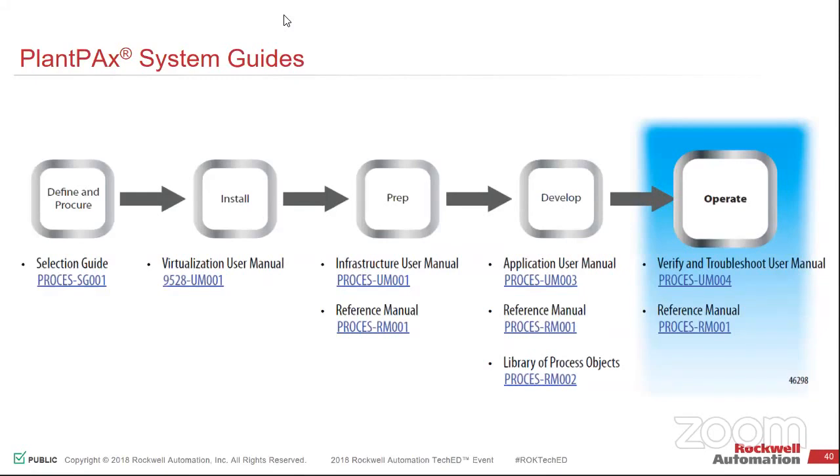And lastly, this walks through the selection guides. These will all be updated as 4.5 comes out, but you will have the selection guide, the user manual, the reference manual, infrastructure. All of these will be available in the new iteration as soon as it is ready. The last one is highlighted because that is something that usually gets skipped over. Usually people get the selection guide and the user manual, and they figure out how to do it, but the how do I maintain it and the troubleshooting part on the back end, those manuals usually don't get downloaded as much.